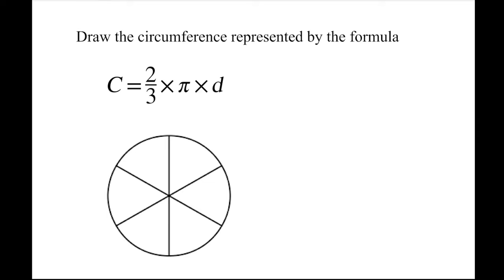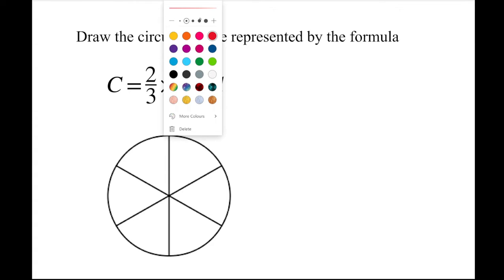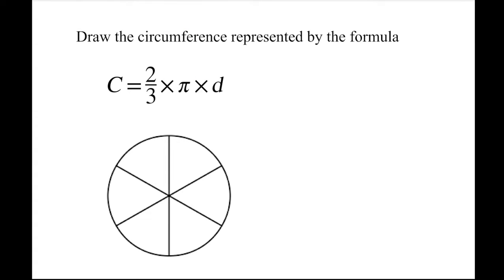If we look at another example, here we have circumference equals 2/3 times pi times diameter. So I need to draw, what does 2/3 of the circumference look like? Well, it's nice that our circle is divided up into groups of 6. So 2/3 is the same as saying 4/6.